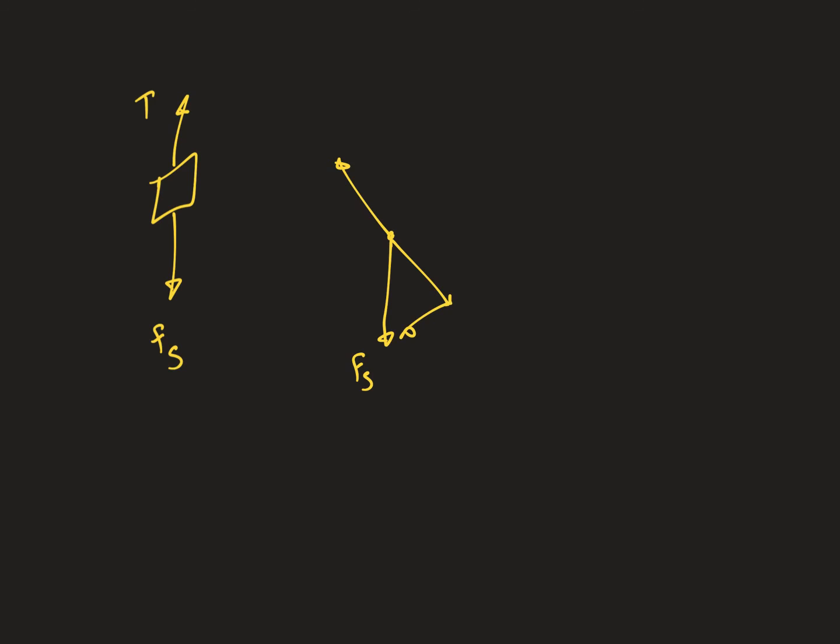For the thing on the right, that's going to represent the object on the incline. It'll have its normal force, there's its tension. It'll have the parallel force, and then the perpendicular force.